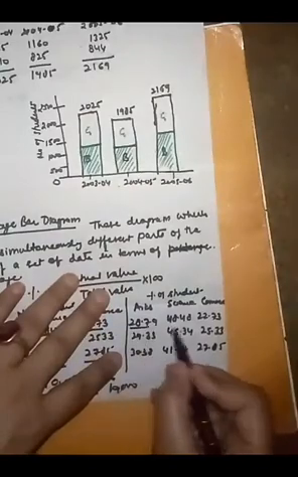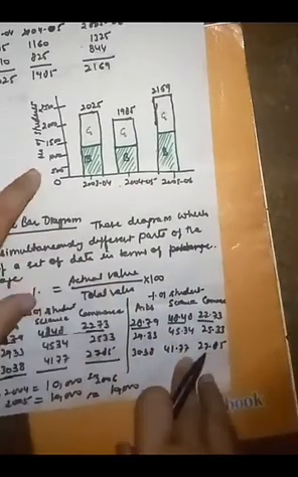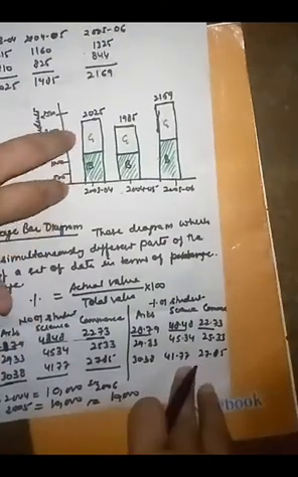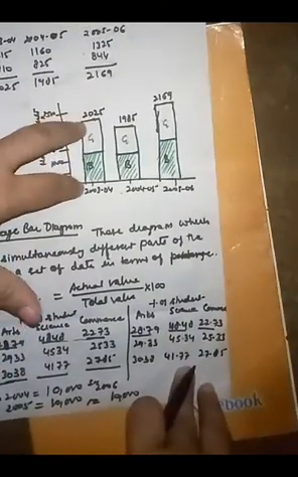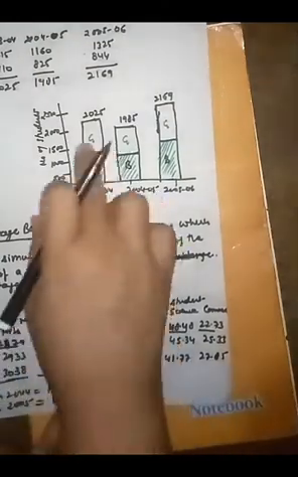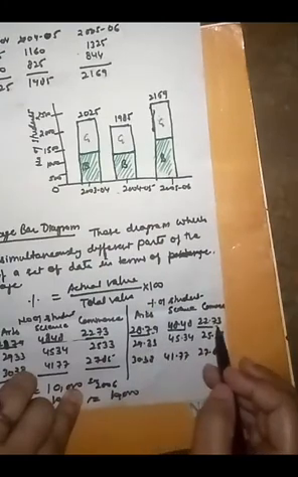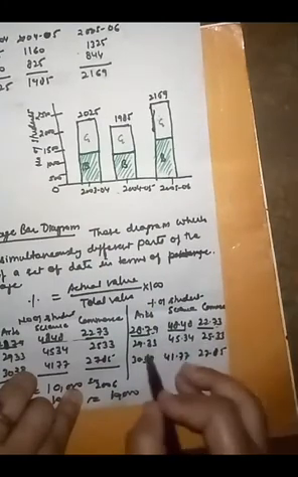In the subdivided bar diagram, we draw the total length of the bar, then you subdivide the portions, the components. So if you add all the values, it comes 100.